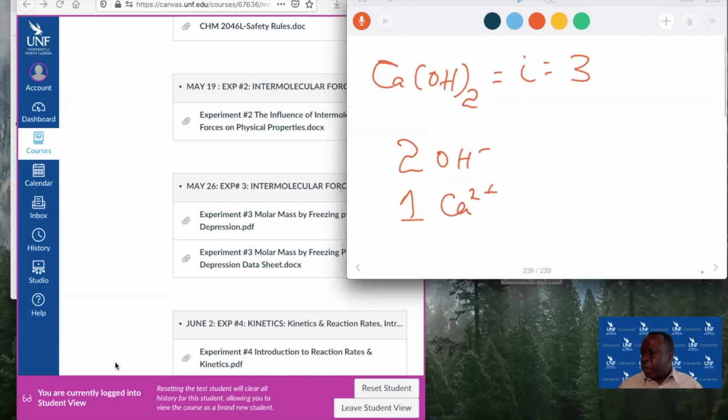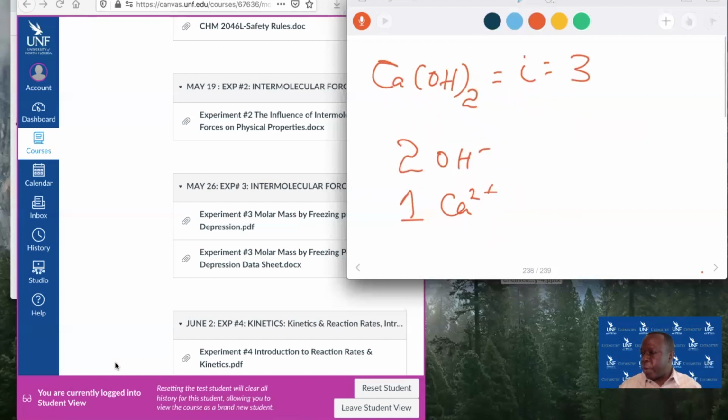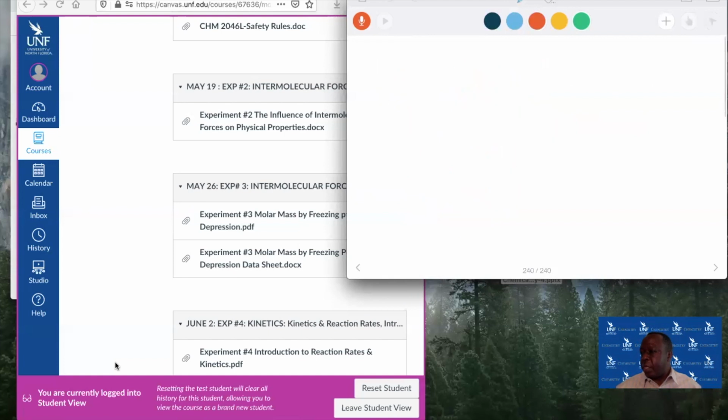Let me just label this as for electrolytes. Electrolytes, that means they dissociate. And then for non-electrolytes here, B, non-electrolytes.